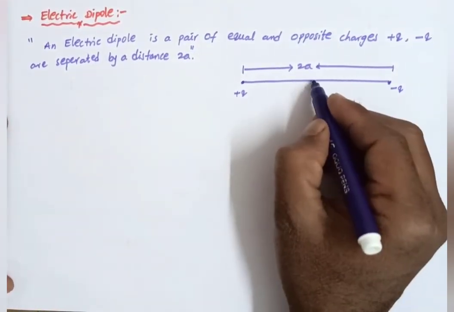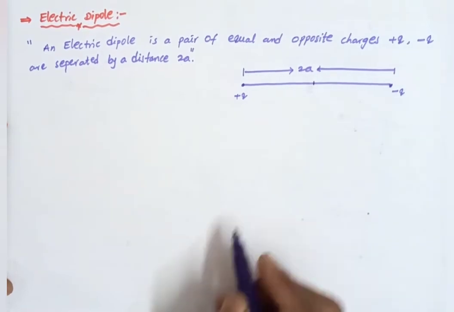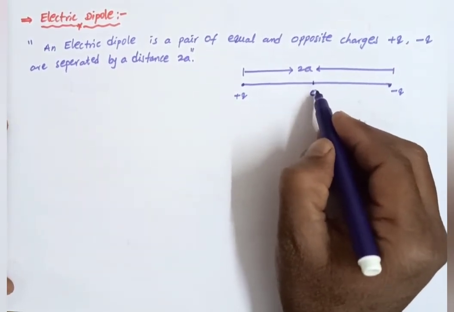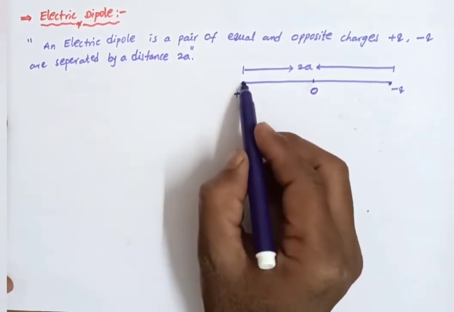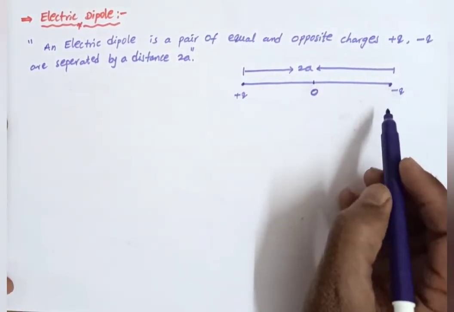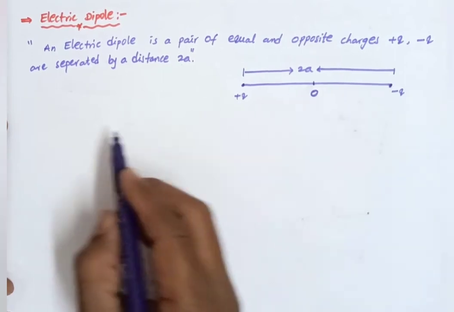In this electric dipole, the midpoint is O. Now, what is the total charge of this electric dipole?